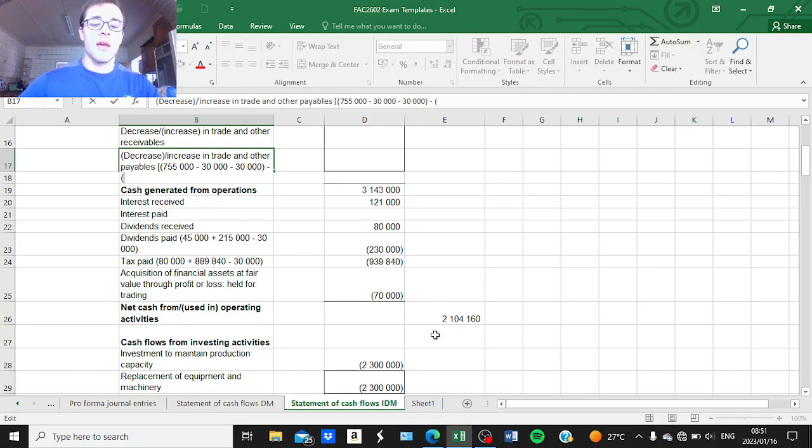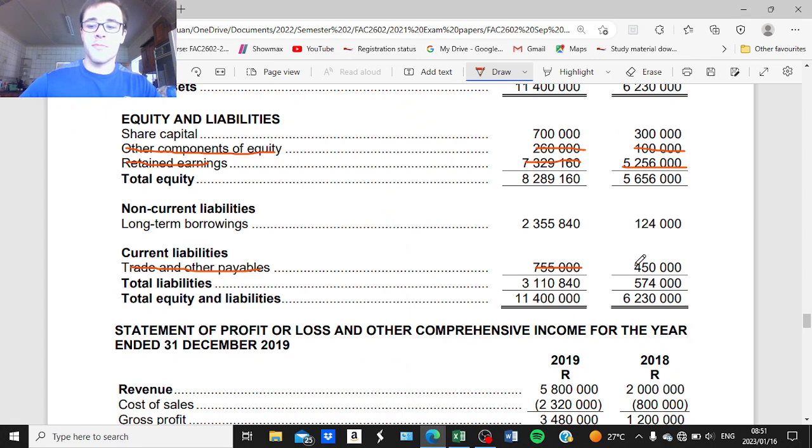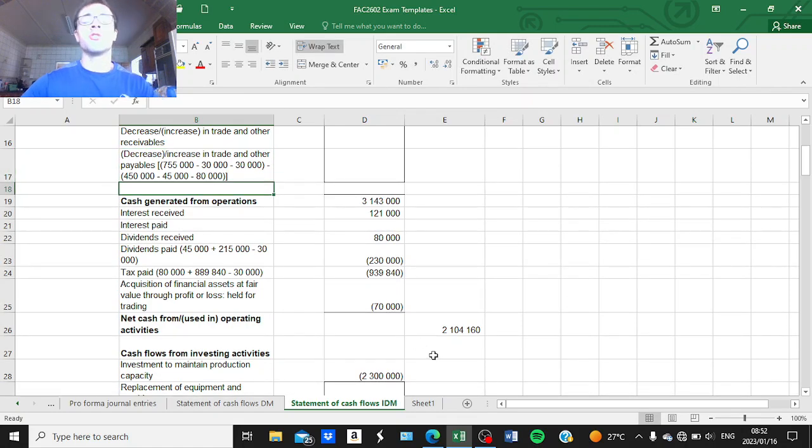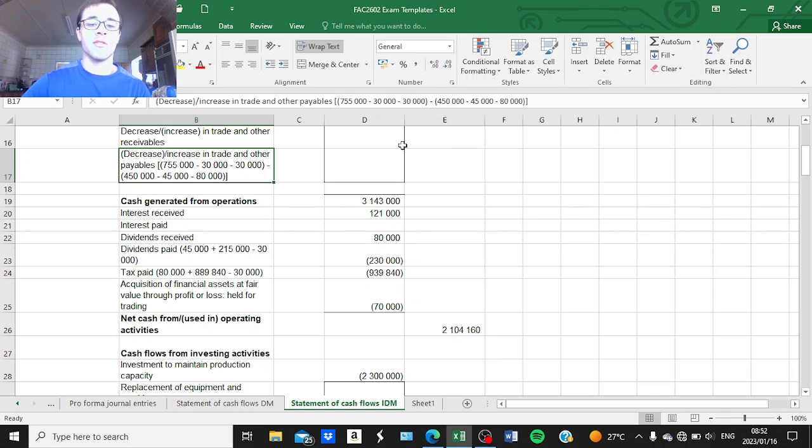Okay. Then the opening balance for trade and other payables was 450,000. However, this amount included dividends payable at the beginning of the year of 45,000, as well as tax payable at the beginning of the year of 80,000. In order to calculate the change in trade and other payables correctly, you need to remove balances that have been taken into account separately.